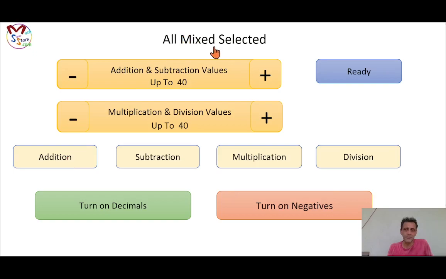We've got all mixed selected. We can get addition, subtraction, multiplication, division. We can choose the value of addition and subtraction values from 10 up to 1,000 just by clicking the plus, and it goes up there pretty quickly.